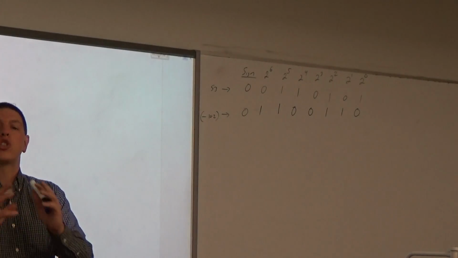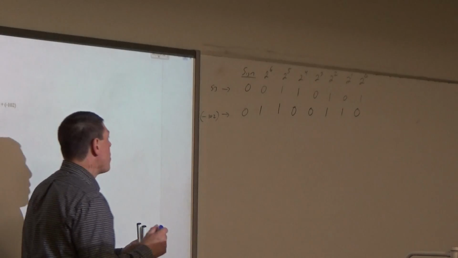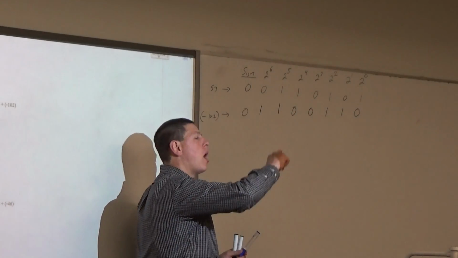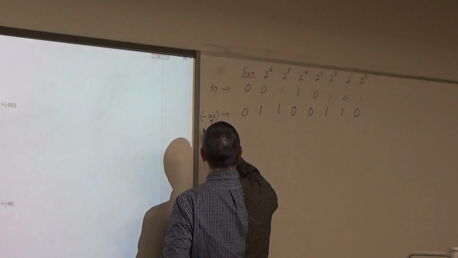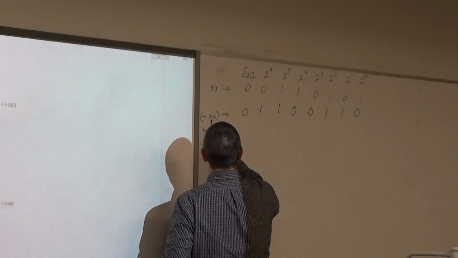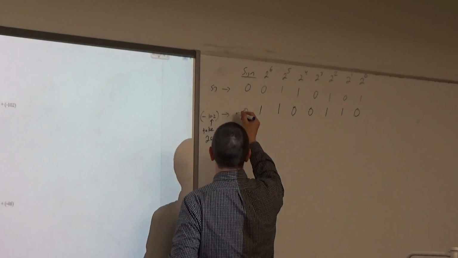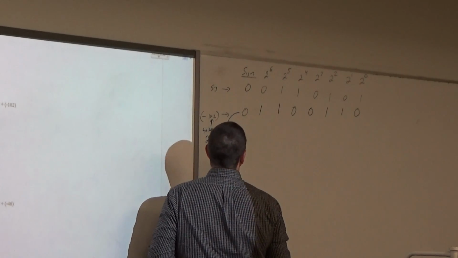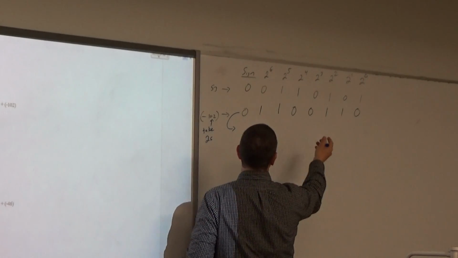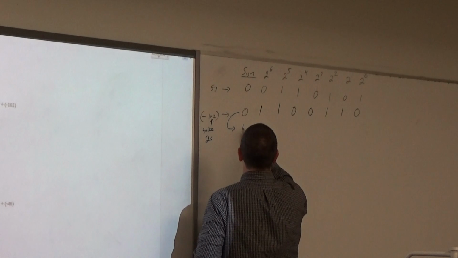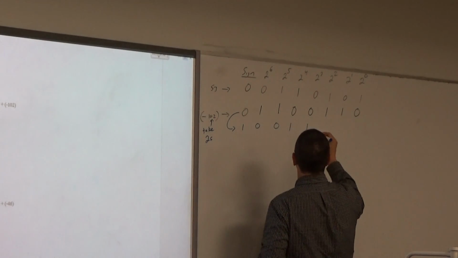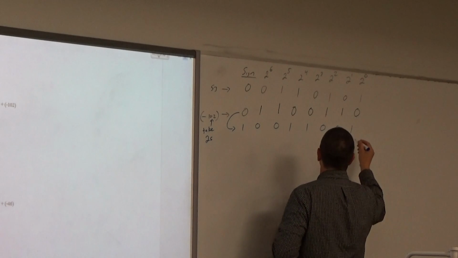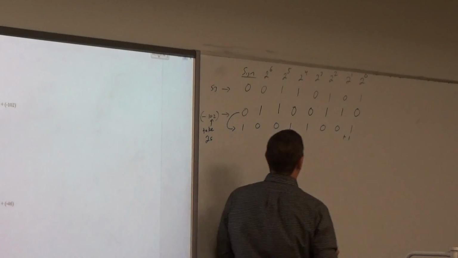So we start with 0, but remember, anytime we have a negative, we're going to take the 2's complement of that. So this guy right here, since it's negative, we're going to take our 2's complement of this. The 2's complement, we just flip the bits and then we add 1. So it's going to be 1, 0, 0, 1, 1, 0, 0, 1, and then we add the 1.